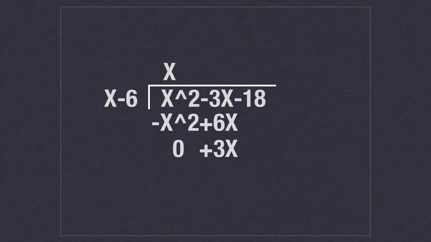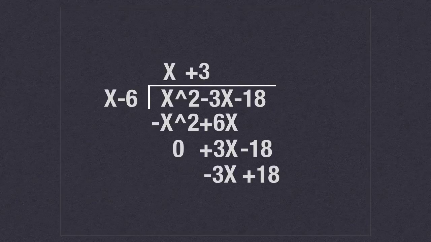Now we have to move the minus 18 down and repeat the process. 3x divided by x will be 3. Now we have to multiply. 3 times x times minus 1 is minus 3x. 3 times minus 6 times minus 1 is plus 18.